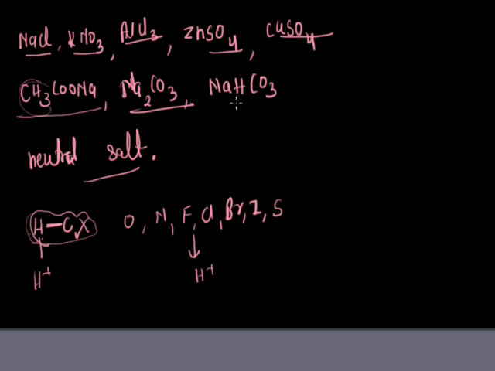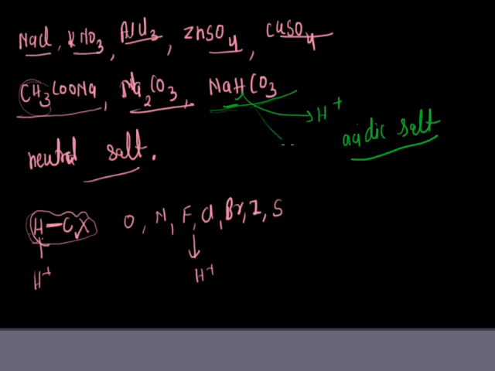Now if we discuss sodium bicarbonate, according to the formula it has H plus. So any salt that has H plus is called an acidic salt. Now don't get confused, in this salt the H is not directly bonded with the carbon.